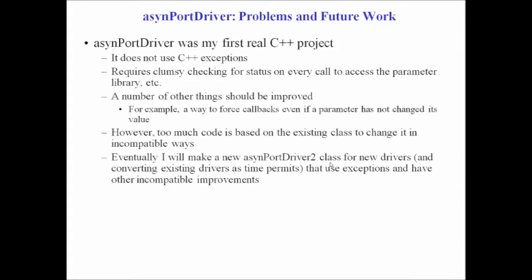Right now you can force that because you can set the value to its current value plus 1 and then set it to what you really want it to be. Then you're guaranteed that you will do a callback because it'll say it changed. But it's a kludge. There's too much code based on the existing class to change it in incompatible ways, but eventually there may be a new AsynPortDriver 2 class that will be better C++.